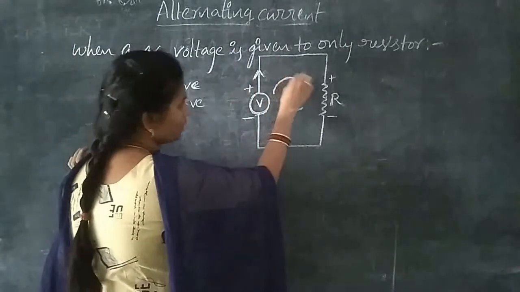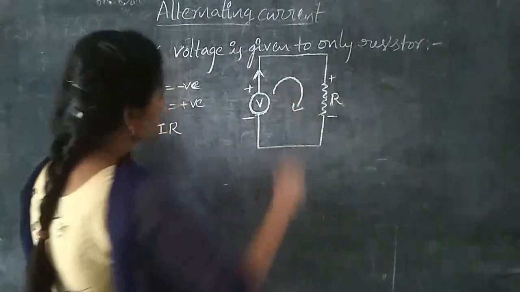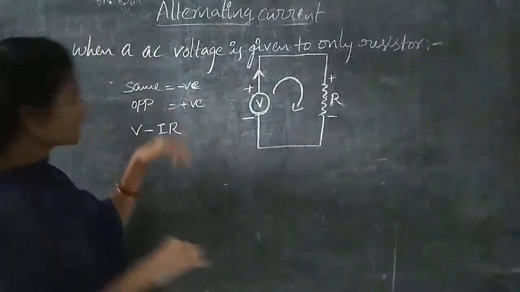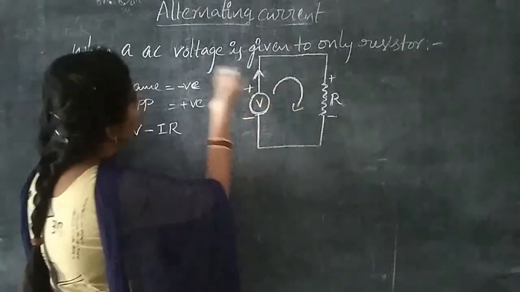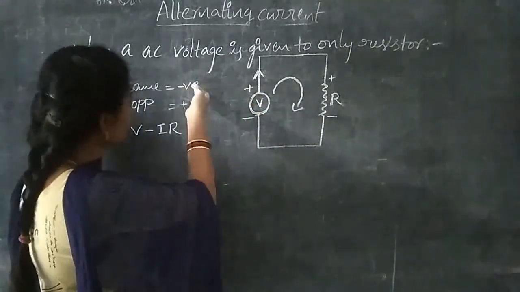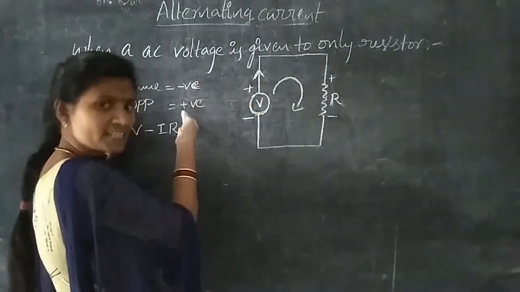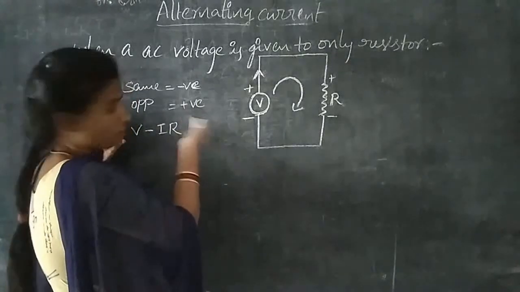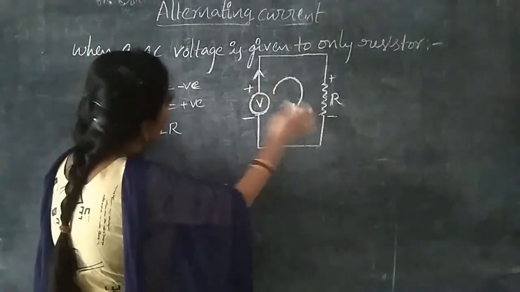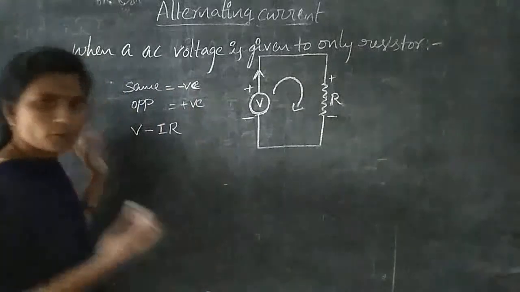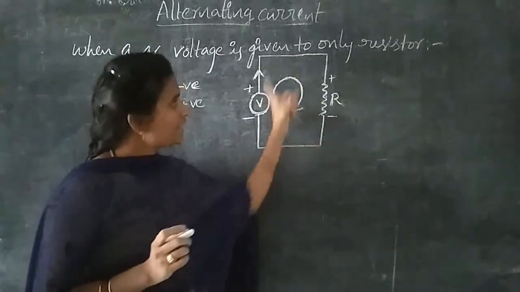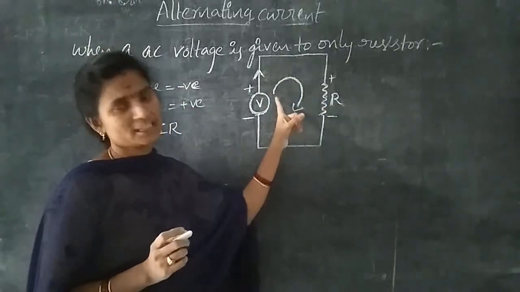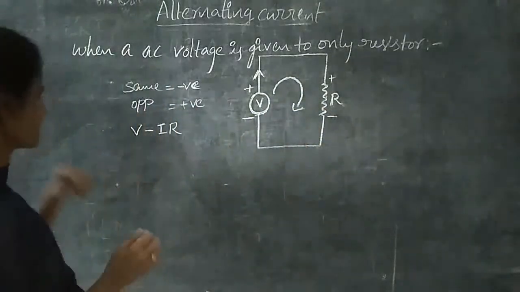According to Kirchhoff's voltage law, for our convenience, the same direction of the current can be taken as positive and the opposite direction as negative, or the same direction can be taken as negative and the opposite as positive. Here the potential drop is minus IR.